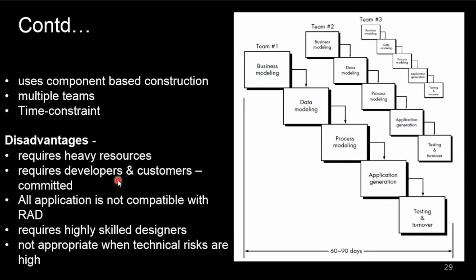He should not be committed to another project, so he is committed to complete that whole project within this 60 to 90 day time span, or whatever time span is allocated for that project. He should give his time to that project only. He should be dedicated. If commitment is lacking, then the RAD project or the RAD model will fail. So that's why the RAD model requires developers and customers who are heavily committed.